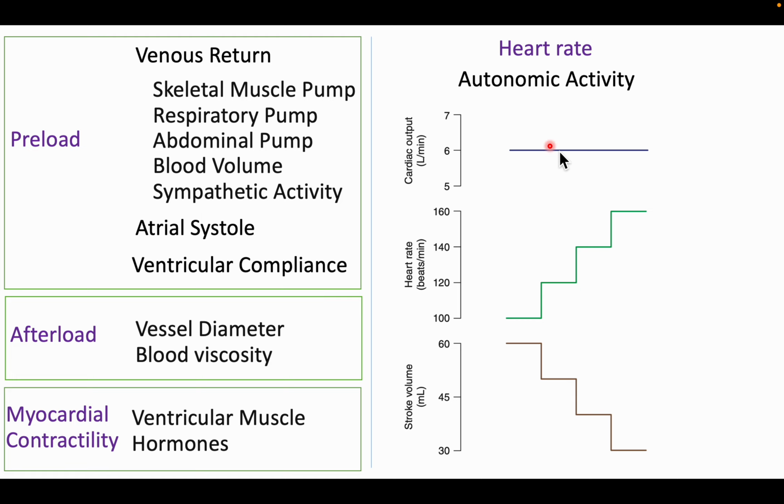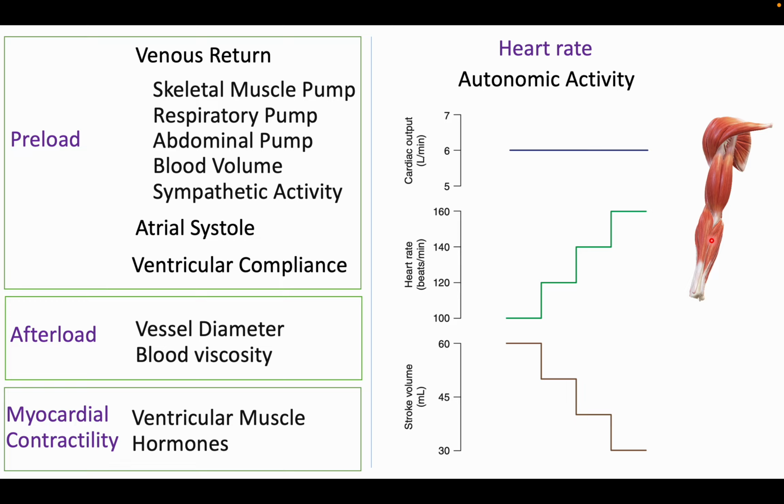This is what normally occurs, but during exercise, heart rate increases, and along with it, to meet the increased need of the body, the stroke volume also increases. So during exercise or strenuous work, our heart rate increases, and the cardiac output also increases.